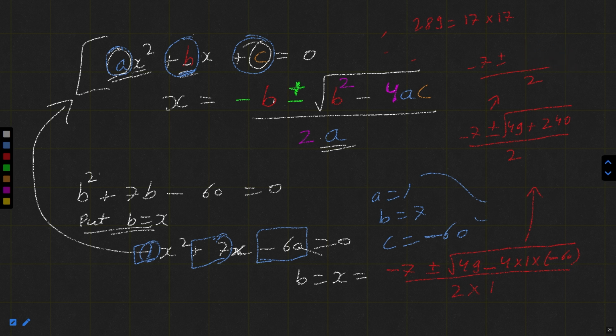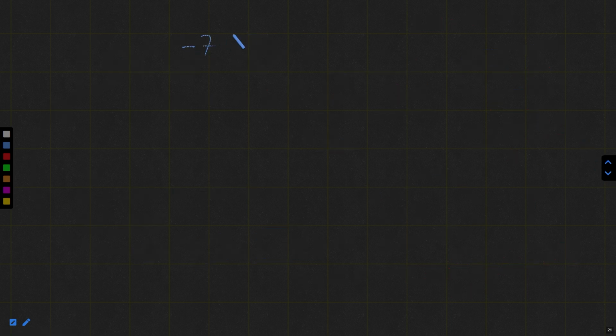So here it will be 17. Now how are we going to evaluate this? It is quite easy. Minus 7 plus minus 17 by 2. So first we take plus here.